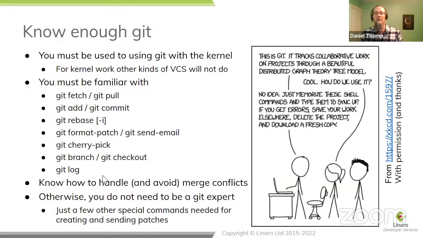So you should have some idea of how you might handle merge conflicts. You tend to learn this organically, particularly as you work through things like Git rebase. And by learning what happens in merge conflicts, you get that ability to try and avoid them as much as possible. So nobody requires you to become a Git expert, but being comfortable in some of those intermediate and advanced level tools.